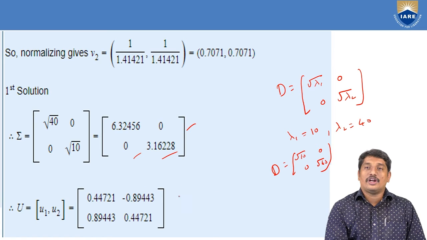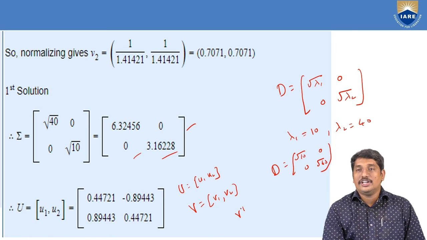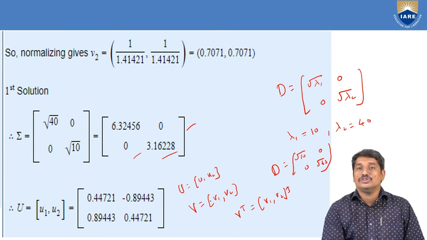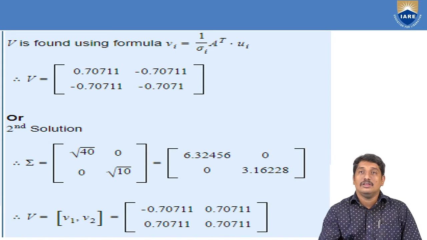And also we can write U as the matrix U1, U2. And we can also construct another matrix V as V1, V2. And we can consider the V transpose, that is the matrix V1, comma V2 whole transpose. And hence we arrive at these steps.